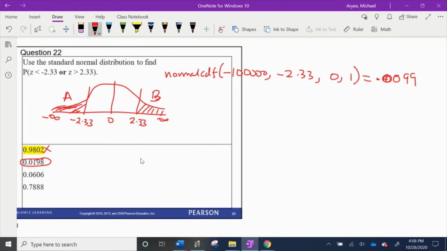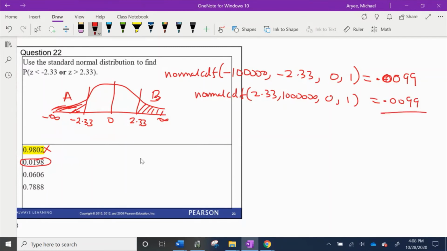Okay, so that's fine. Now, that is for A. For the other, you do normal CDF from 2.33 to 1 million, 0, 1, to give you the same value.